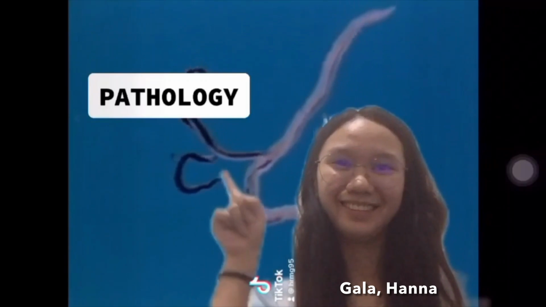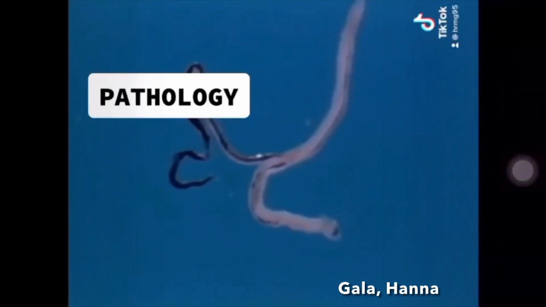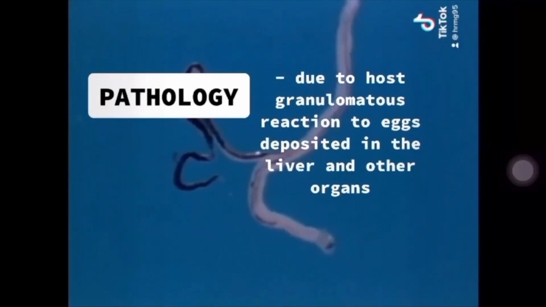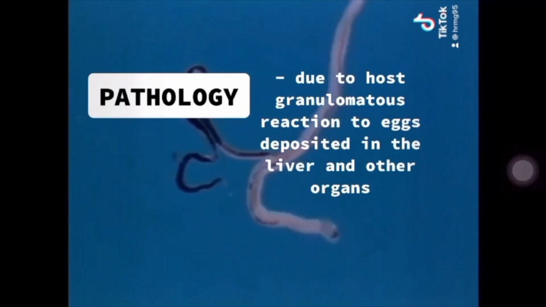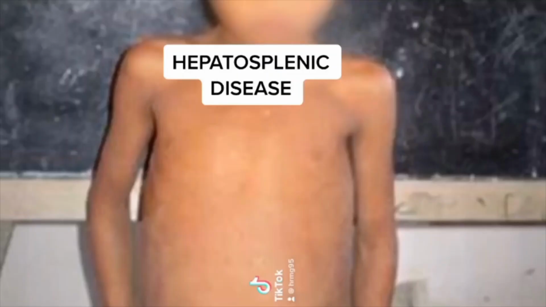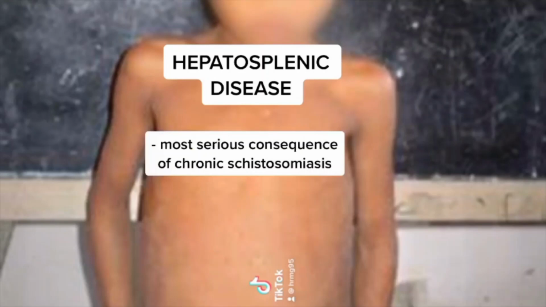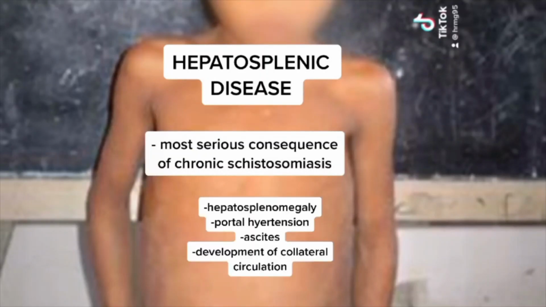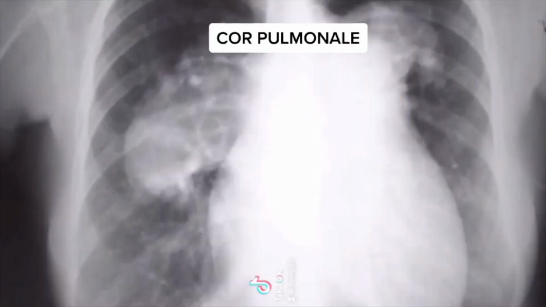Pathology and chronic disease manifestations of Schistosoma japonicum are due to the host granulomatous reaction to eggs deposited in the liver and other organs. Hepatosplenic disease is the most serious consequence of chronic schistosomiasis. It is characterized by hepatosplenomegaly, portal hypertension, ascites, and development of collateral circulation.